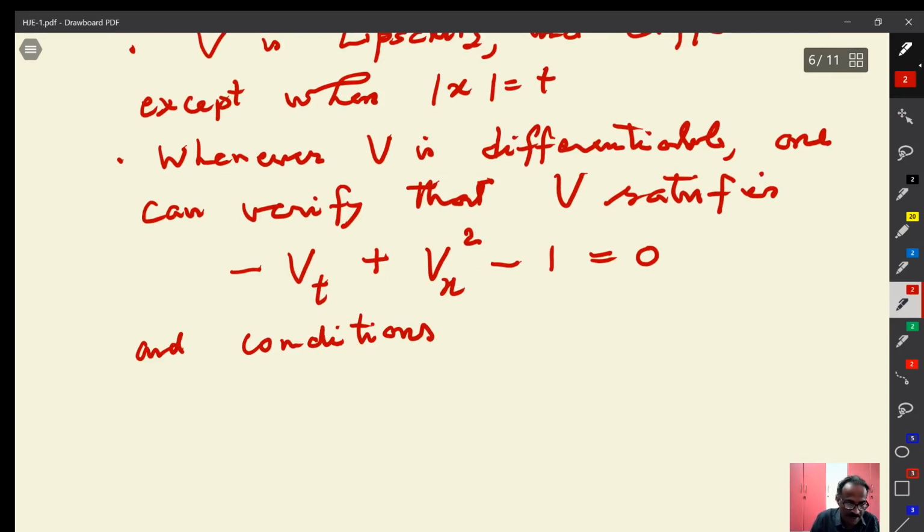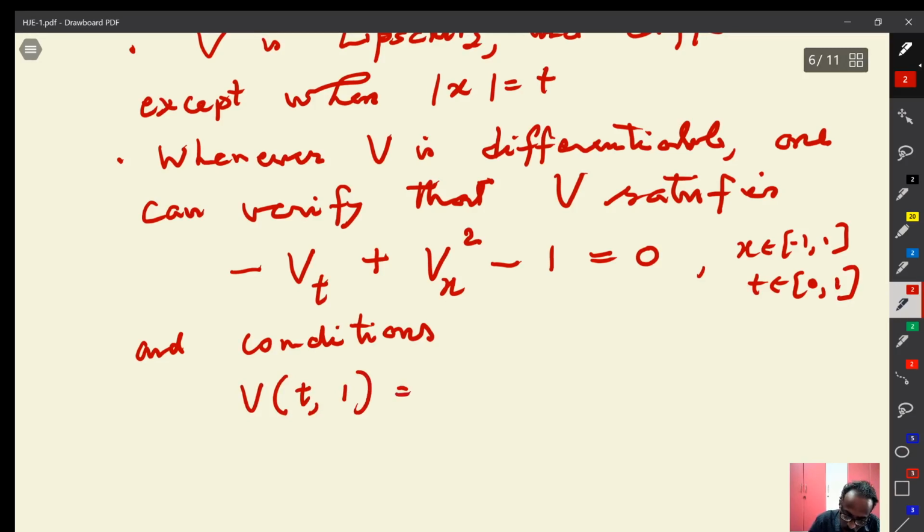So in that interval x is in minus 1 to 1, t is in 0 to 1. And so you have your conditions, the initial and boundary conditions. These are the boundary conditions: V(t, 1) is equal to V(t, minus 1) is equal to 0 for all t in 0 to 1.